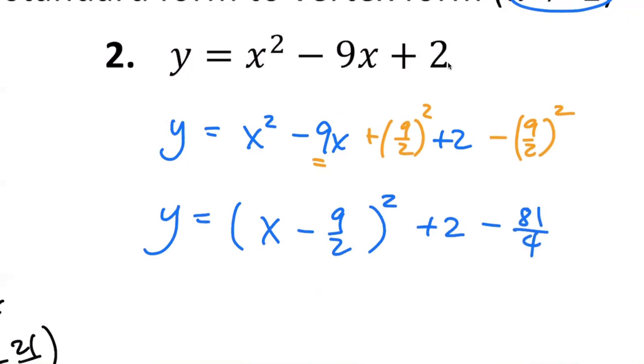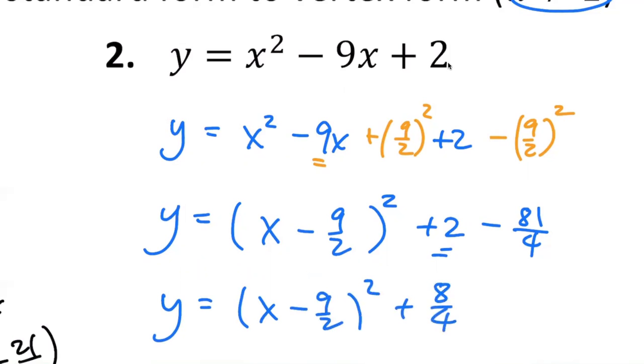We have to do this: 81 over 4, 9 times 9 is 81, 2 times 2 is 4. So we have to make this a common denominator. So what's equivalent to 2? 8 over 4.